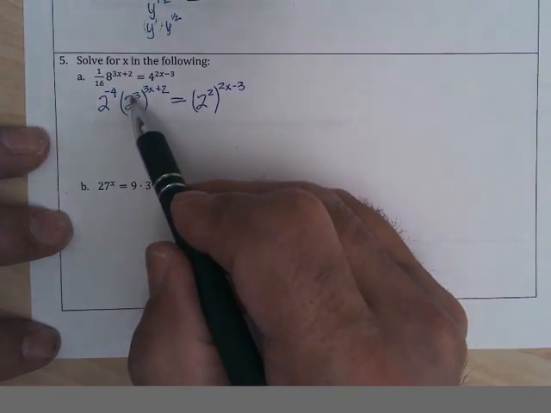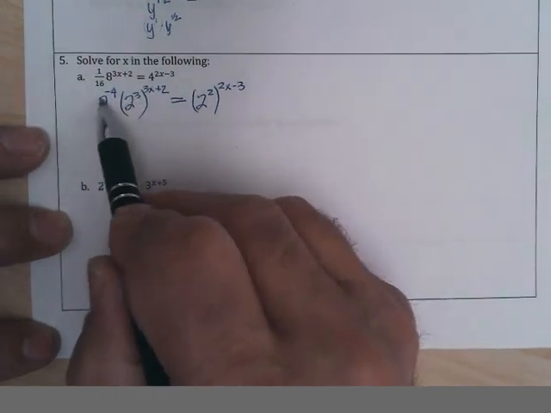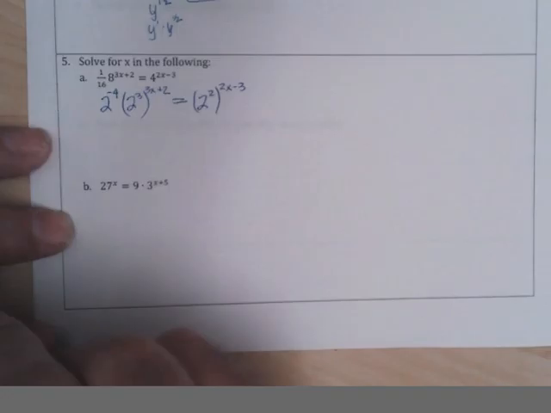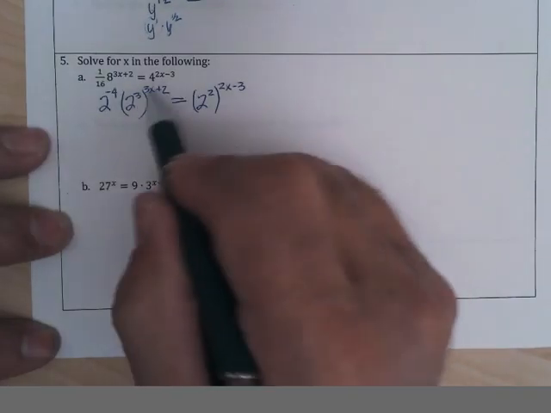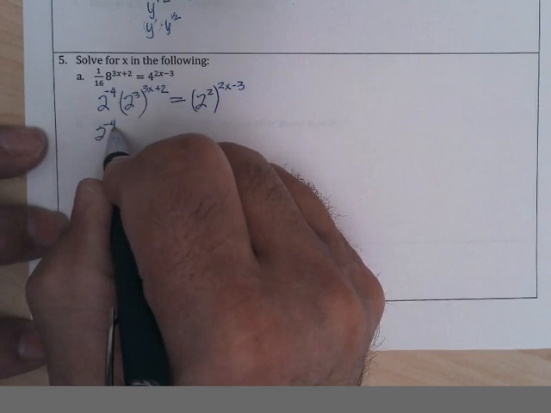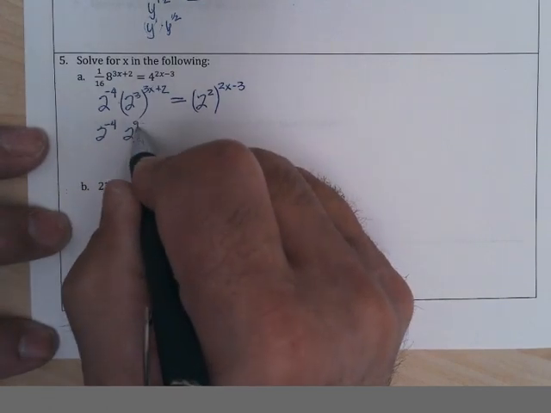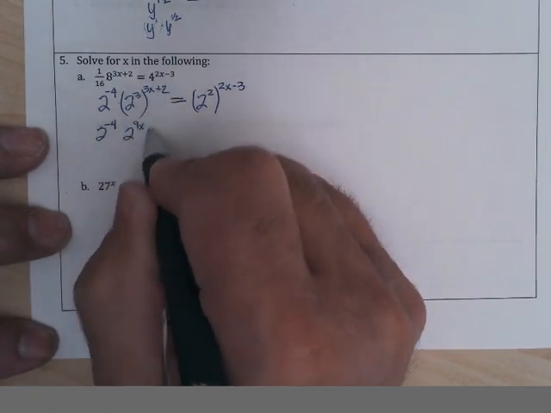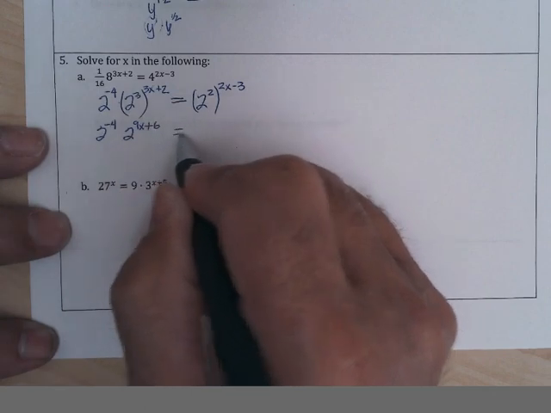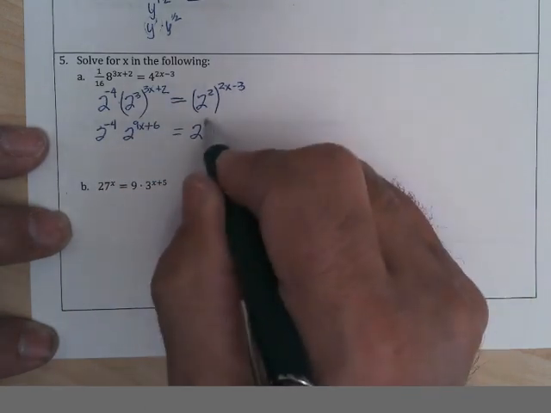Now, if we have a power to a power, we have to do those before we do any of this combining of products here. A power to power, so I multiply the power. So I have 2 to the minus 4 stays, 2 to the 9x plus 6 equals 2 to the 4x minus 6.